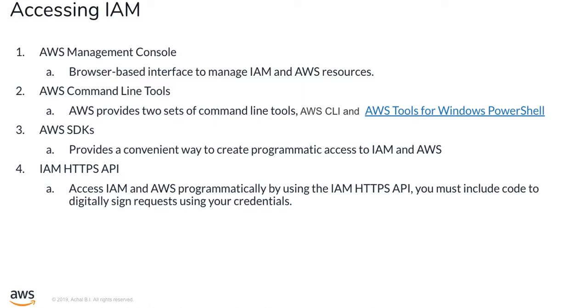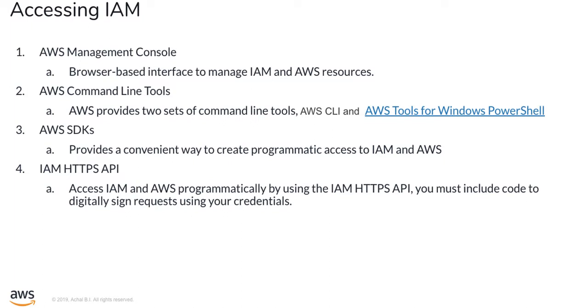When it comes to command line tools, once you are an IAM user, you would get a certain set of credentials which you could use for communicating with AWS resources with the help of the AWS command line tool. There are two command line tools which you could use.